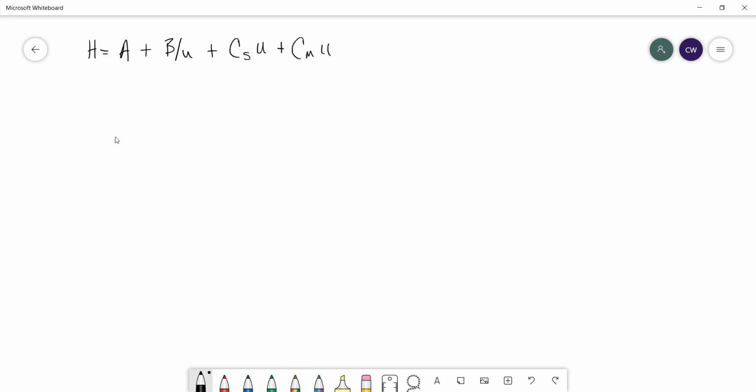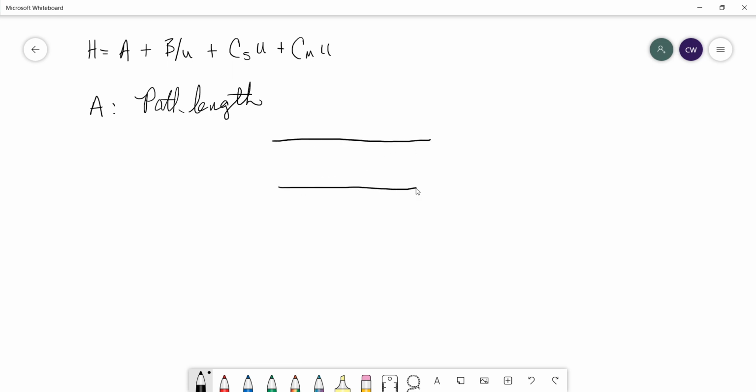So, A. This is the path length variable. And you might be saying, well, what does that mean? What you have to keep in mind is the stationary phase in a chromatography column is really packed-up particles.